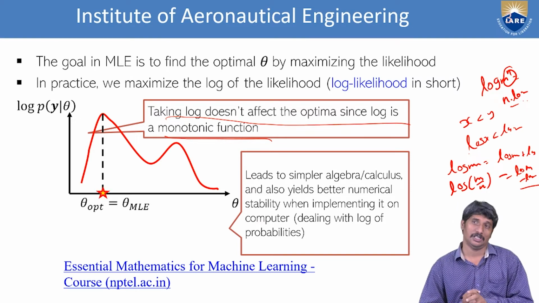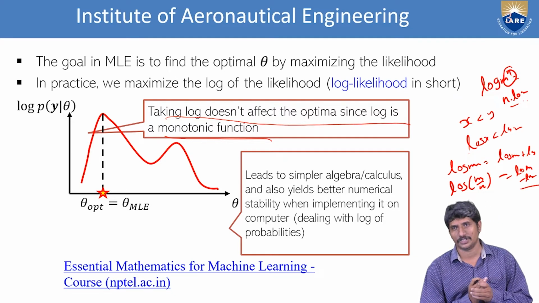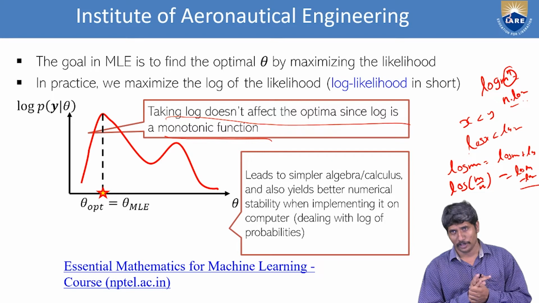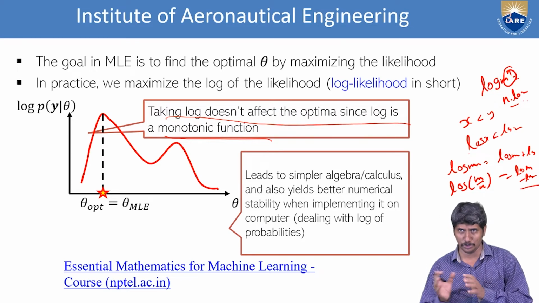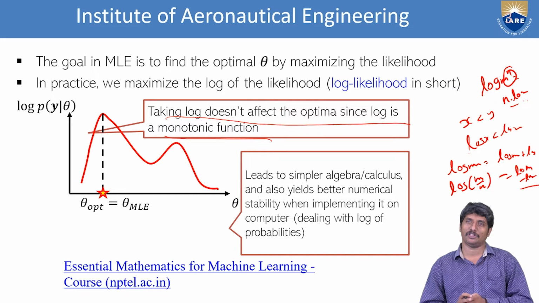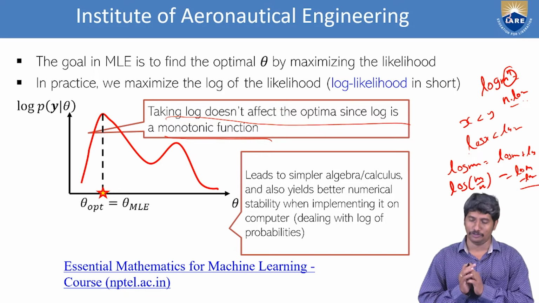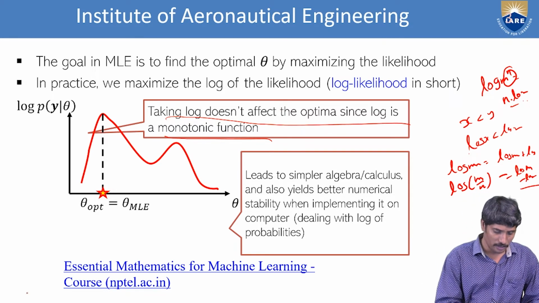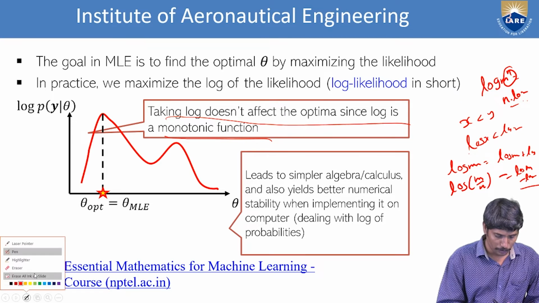That means you could precisely tell the limits: between 0 and 1, logarithm yields a negative number, but greater than 1, logarithm will always lead to a positive number. That means numerical stability is there. So all these make log likelihood a beautiful estimator for maximum estimation of theta. That's what this slide is designed to communicate.